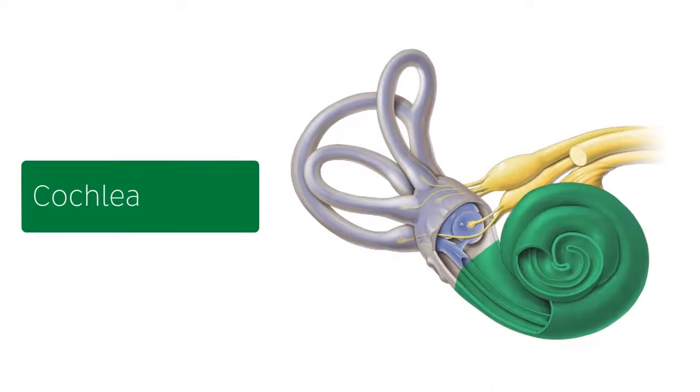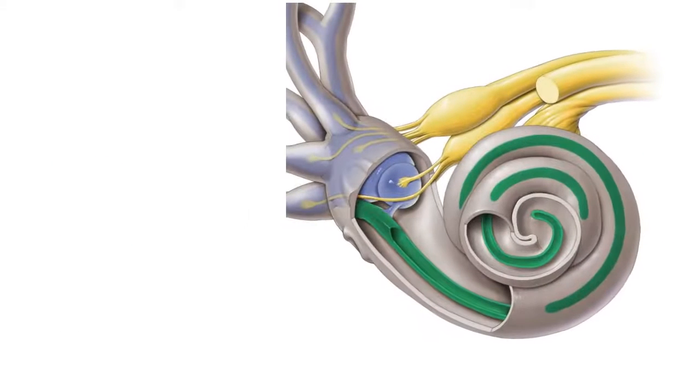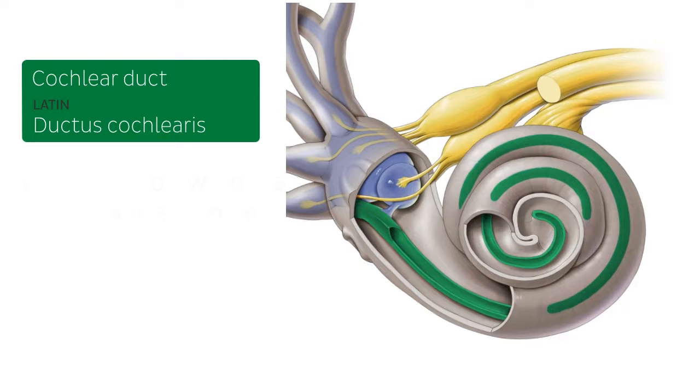The function of the cochlea is to propagate sound waves from the base, which is situated near the middle ear and the oval window, to the apex. The most important structure that we see inside the cochlea is the cochlear duct, also known as the scala media, and is seen here highlighted in green.